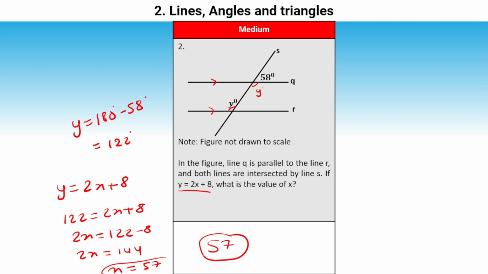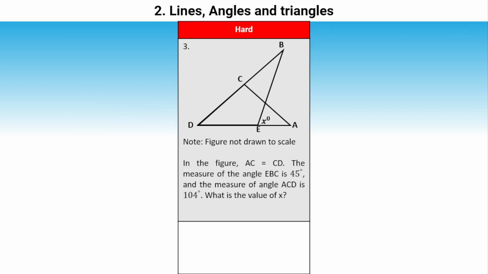Okay, let's move to a hard one. Let's see, in the figure AC equals CD. This side AC is equal to CD. That means if I consider this angle as y, this must also be y, because it is an isosceles triangle.